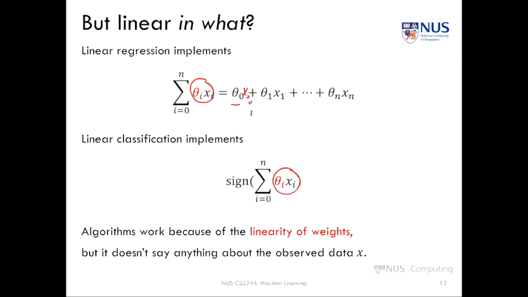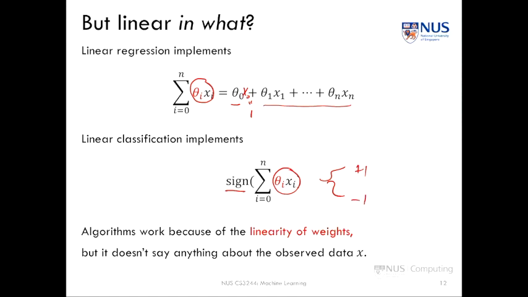And all of the other terms here are just multiplied by a weight coefficient that we're trying to determine. So this is a linear signal because we are just taking the sum of the individual products. And for linear classification, we don't take the signal as is, but we take the sign of the signal, whether it's +1 or -1 here, right?